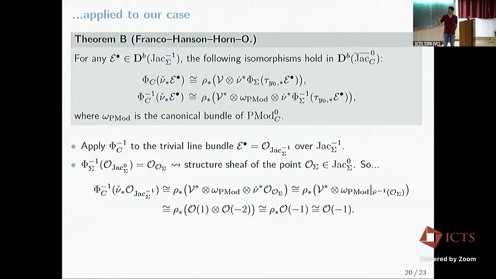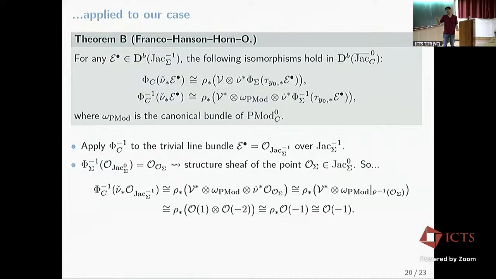But pulling it back is basically restricting this to the fiber of this map, okay? But what is the fiber of this map? It is P1, and remember that V over P1 was O(-1), so I get there O(1).